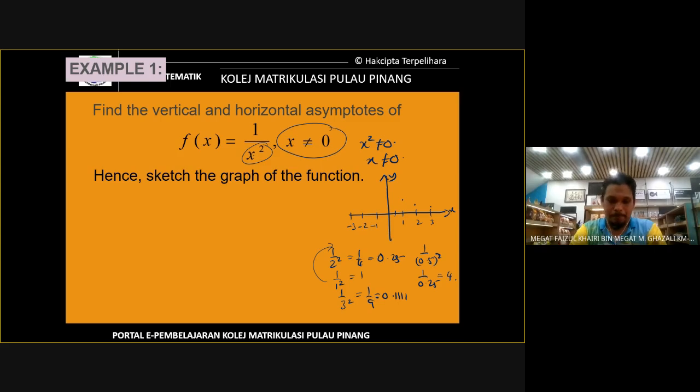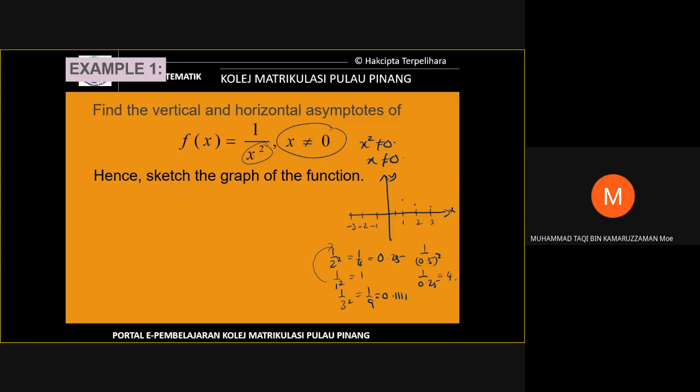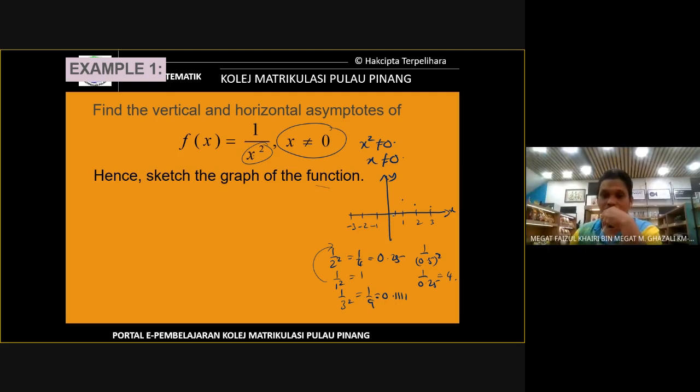Am I right? Yeah. Correct? Okay. So when x is 0.5, y equals 4. So this is the graph. Okay, the graph is moving up.